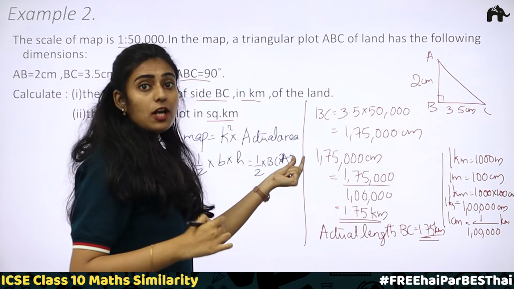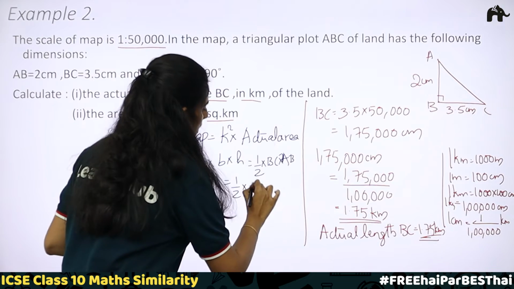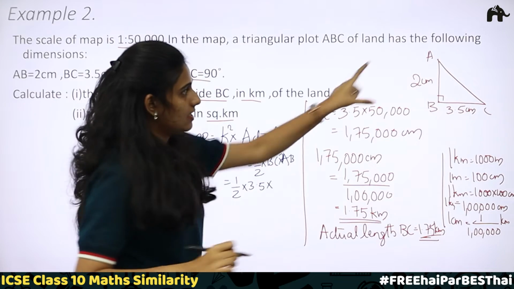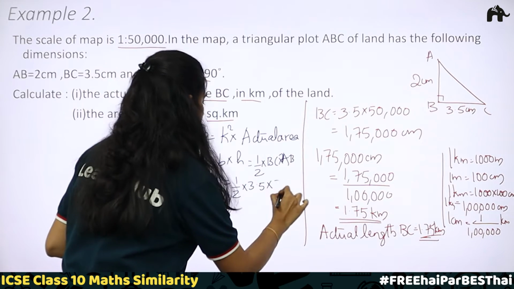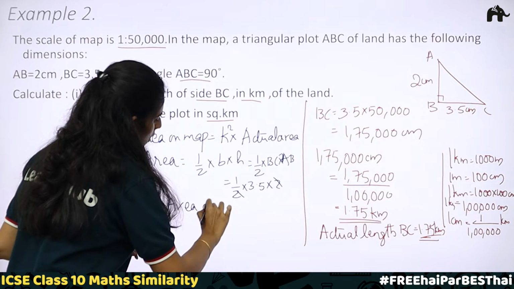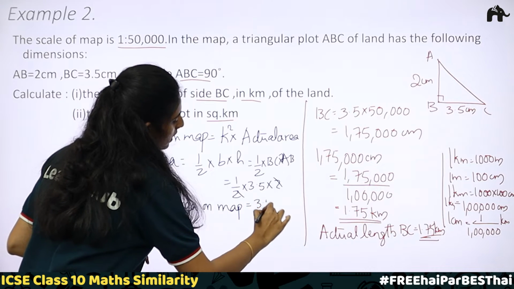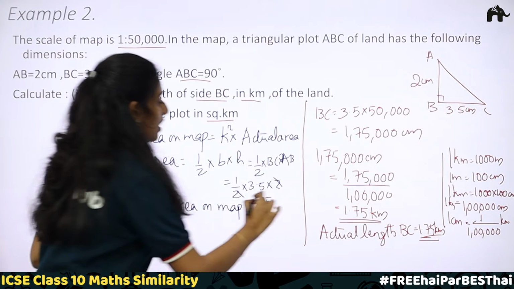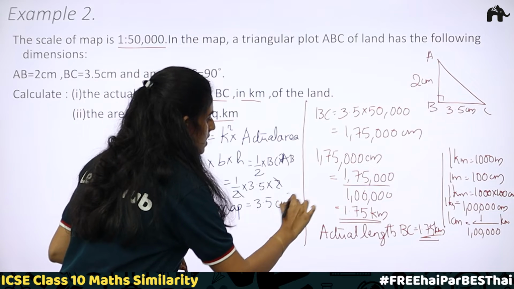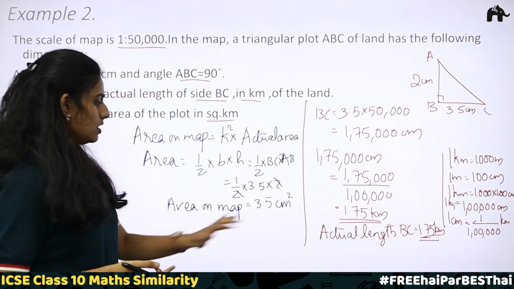These are the lengths on map. That is half into BC, which is 3.5, and height AB is 2 centimeters. 2 gets cancelled. Then we get area on map is equal to 3.5. What is the unit? Unit is centimeter square. 3.5 centimeter square.